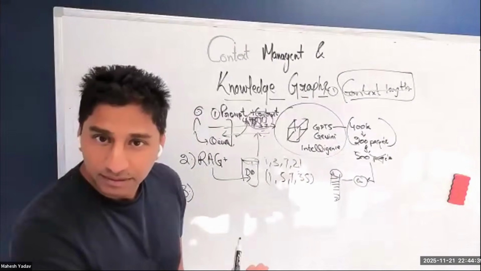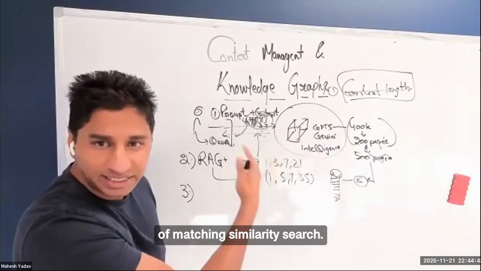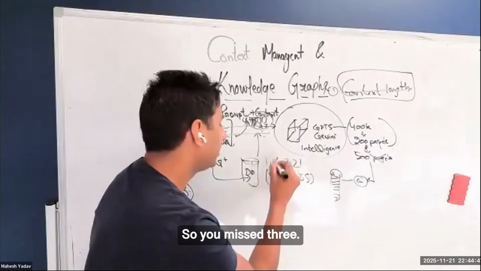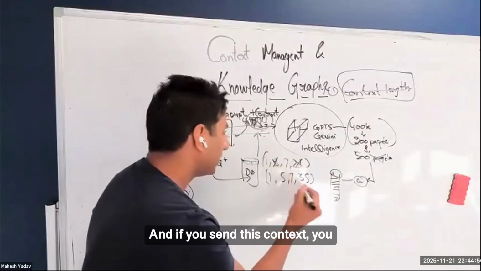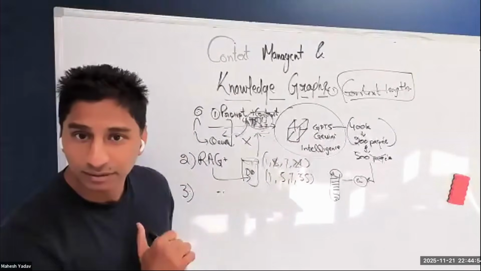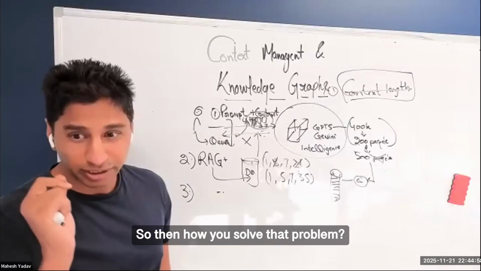It can happen because of some logic behind the scenes of matching similarity search, and it can fail for you. So you missed 137 and you missed 21. And if you send this context, you will get bad responses. Correct? So then how do you solve that problem?